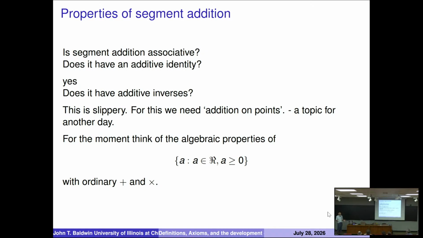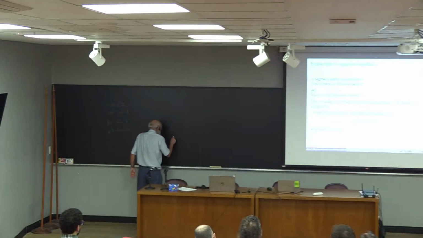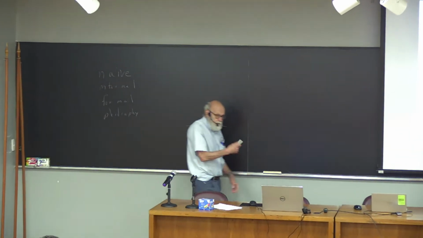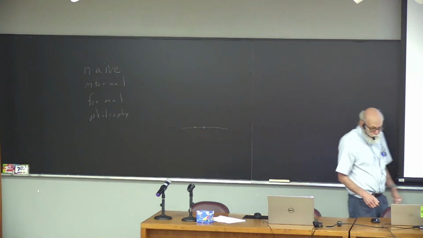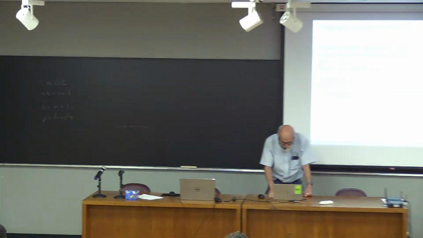This is a semigroup, not a group. So you have to work with both sides and be careful about what addition means. For the moment, I'm just going to think about the positive.